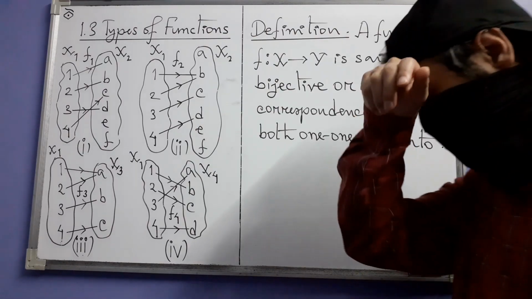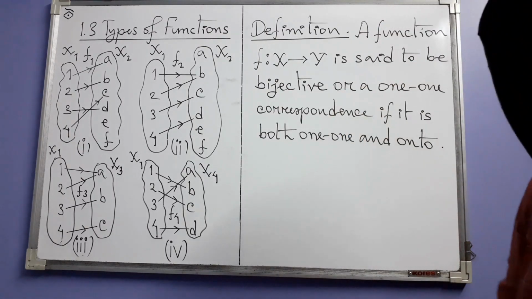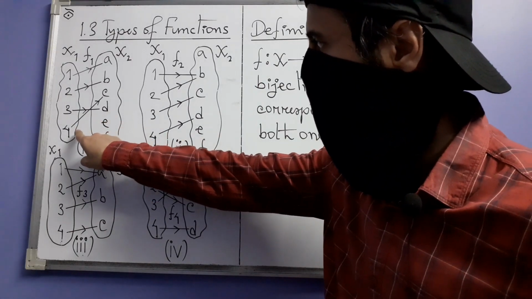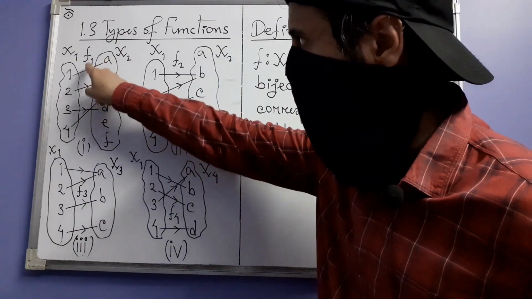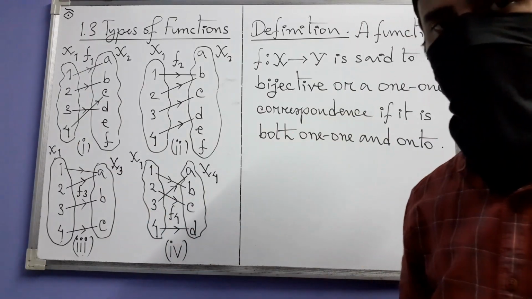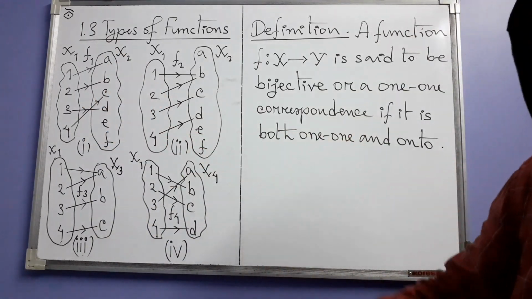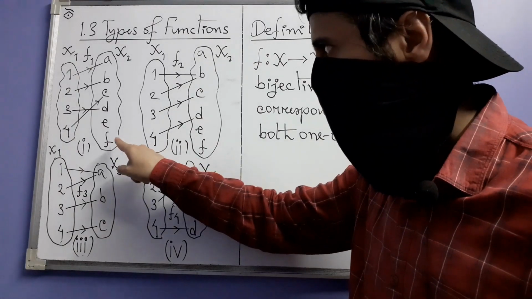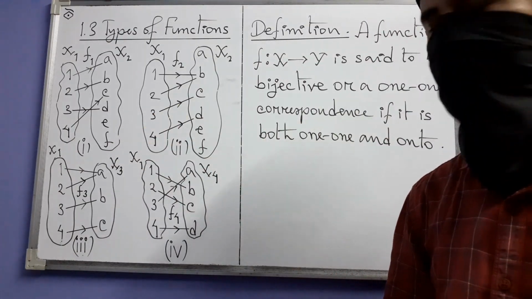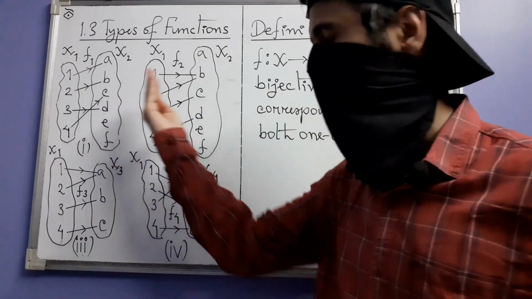You may notice one thing. F1, the function F1 that you see here, is 1 to 1 but not onto. Is it possible to have any onto function that will map x1 to x2?